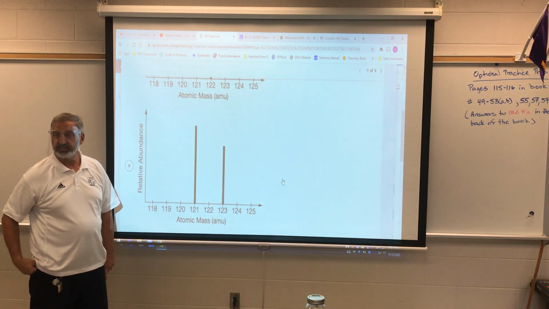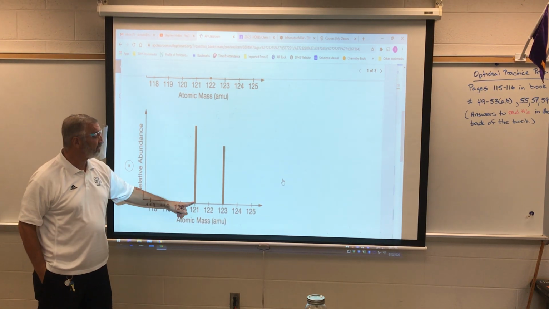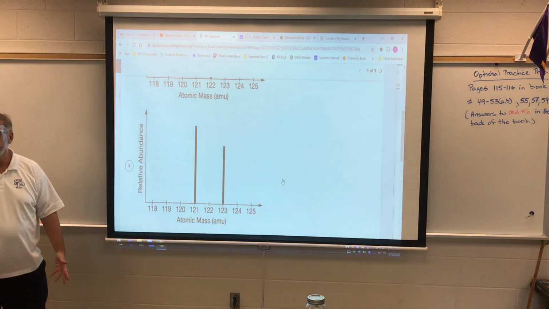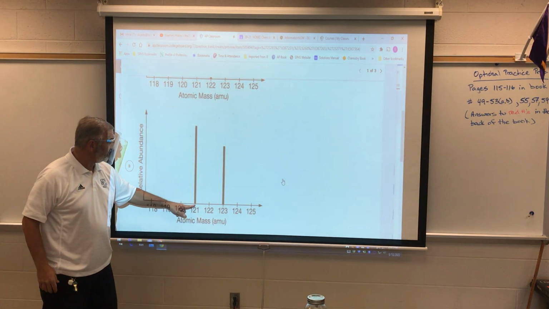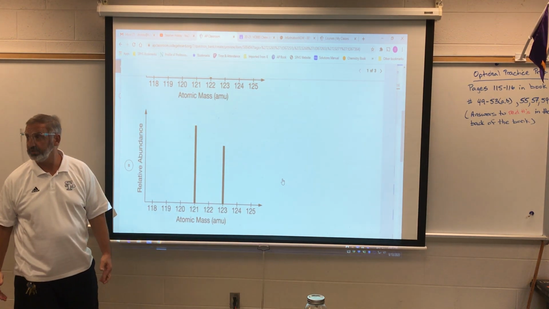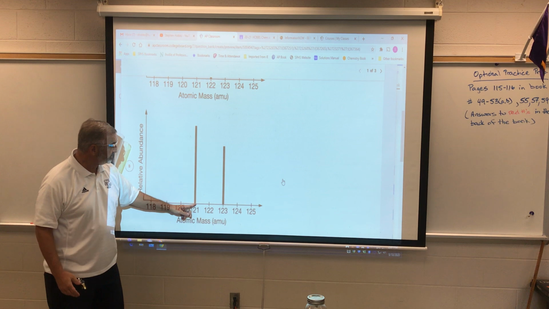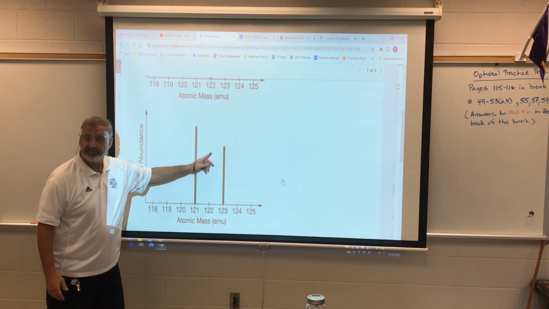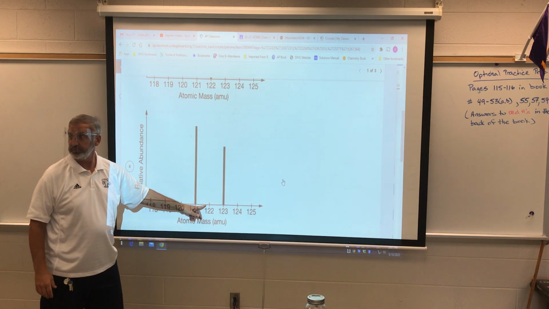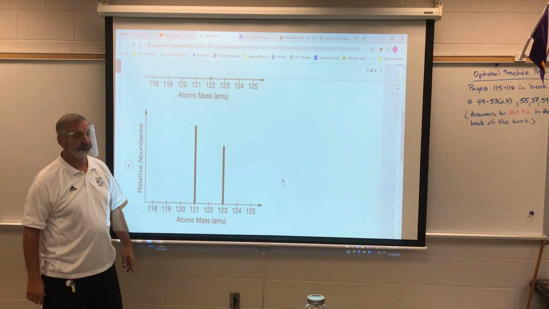But do I have equal amounts? If I had equal amounts, what would the average be? 122. But because I have a little bit more 121 than I have 123, where's my average going to be? Closer to 121, but barely. I mean, there's not much difference. So to me, really, this is going to be my answer, because this is going to come out pretty close to 121.7. Right? Go to the next one.